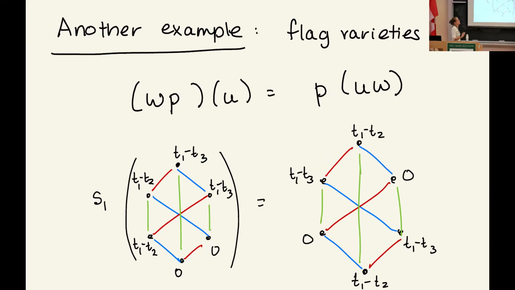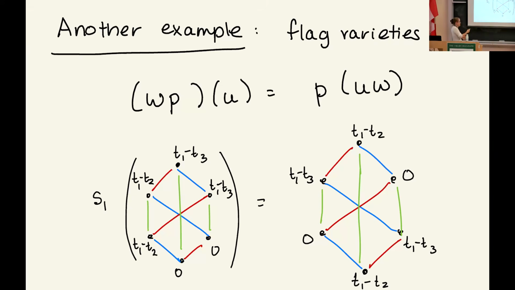For flag varieties, here's another example. Here you just act on the right. So you just permute the polynomials acting on the right. You don't really do anything to the actual variables inside each polynomial. And it's still preserving the GKM conditions edgewise. Here I flipped these two and these two and those two up there, but it still preserves the GKM conditions edgewise.